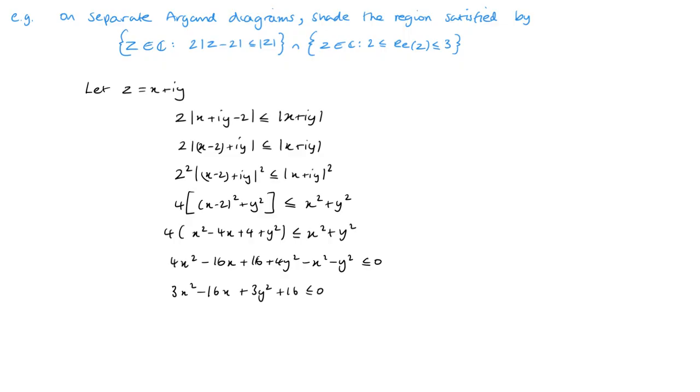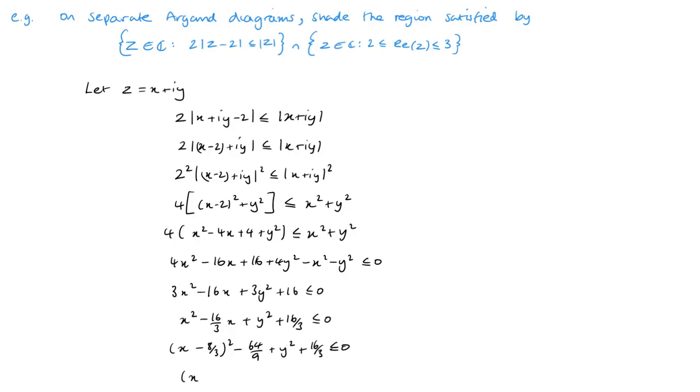Divide by 3, so we get x² − (16/3)x + y² + 16/3, and then complete the square, so we get (x − 8/3)² − 64/9 + y² + 16/3.